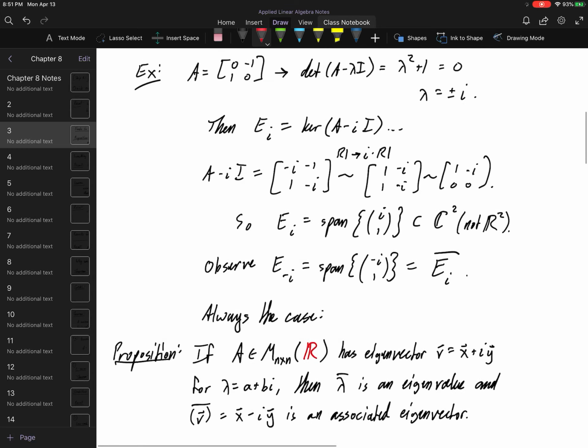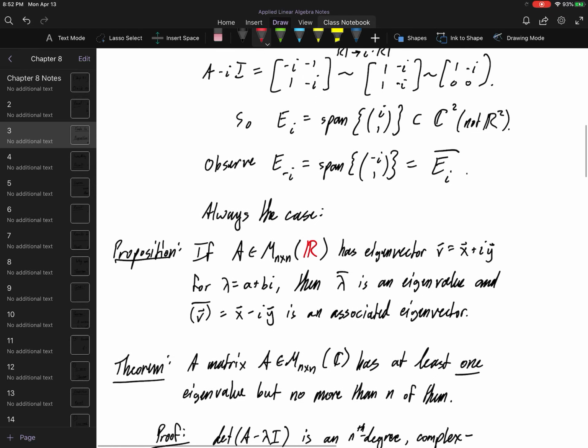As it turns out, not only are the eigenvalues conjugate to one another, but if you have an eigenvector for the original eigenvalue, then its conjugate is an eigenvector for the conjugate eigenvalue. So there's just this nice interplay between complex eigenvalues and their eigenvectors for real matrices.